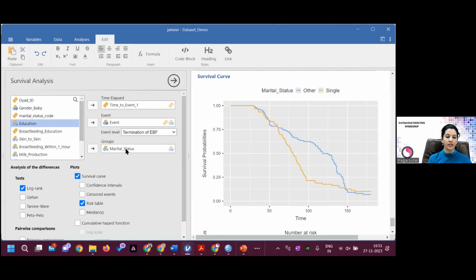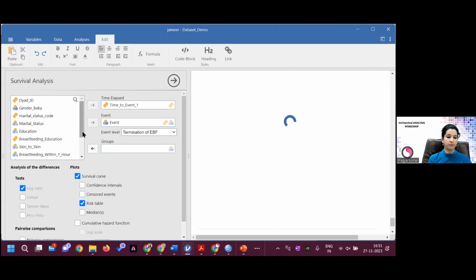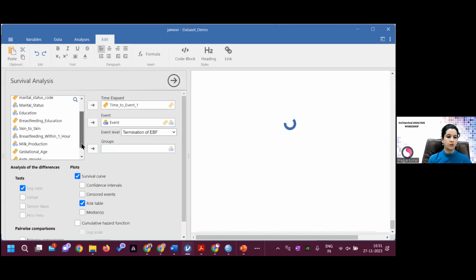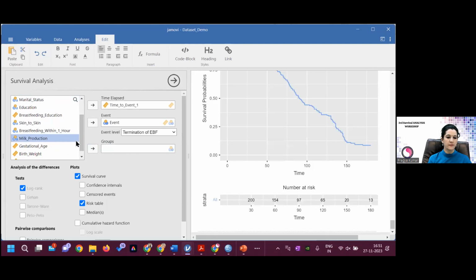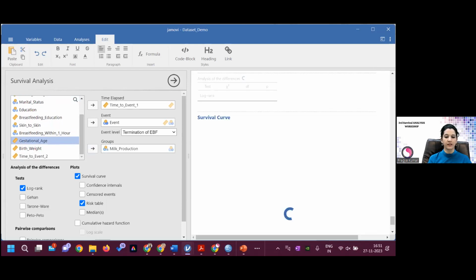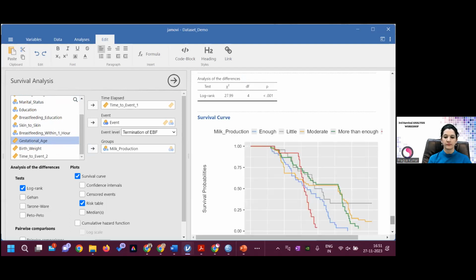Now coming to another variable, the perception of milk, whether I have got no milk or little milk. So this is the milk production. If I enter this here, you will see that there are 4 graphs. Yes.